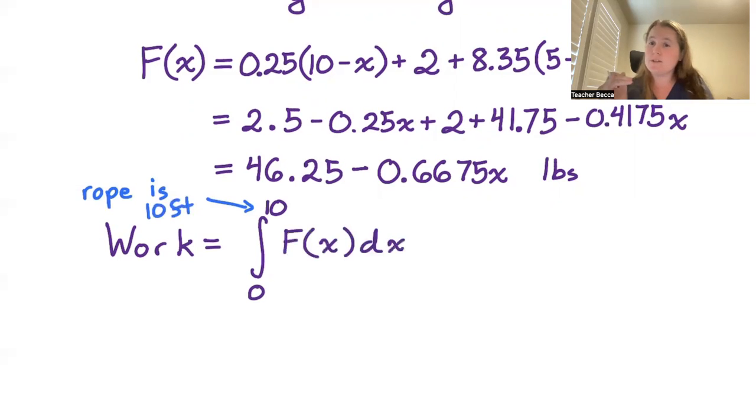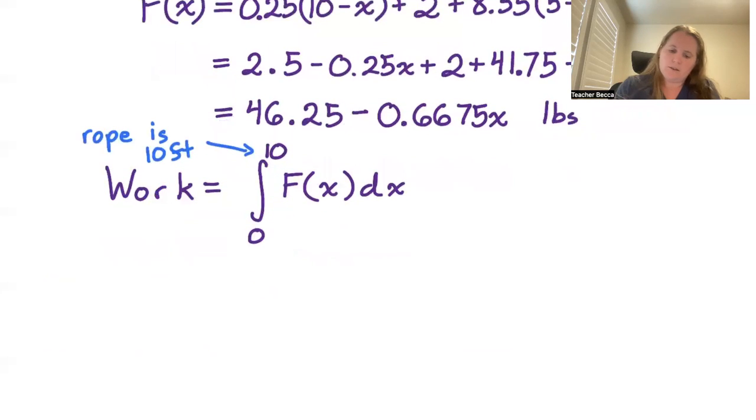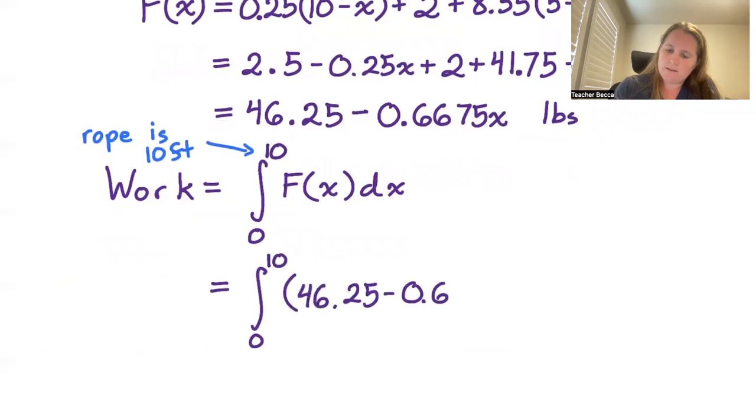At any given position, that's the force required at that precise position, multiplied by that tiny distance we're moving at that force, and then sum them all up. So we are taking the integral from 0 to 10 of 46.25 minus 0.6675x dx.